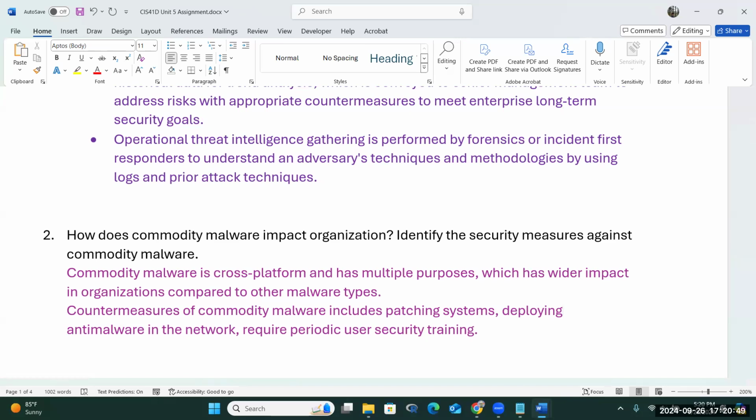We also need to update the user on different types of malware and how they impact the operations. So that means that you also need to have periodic user security training.